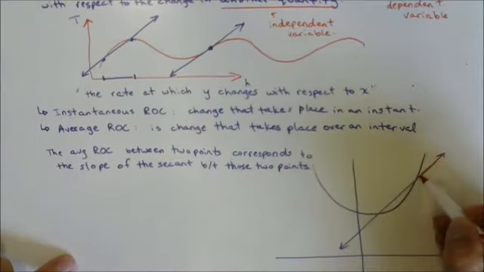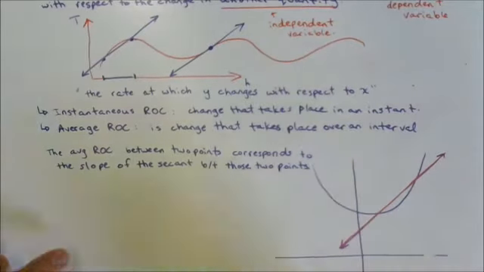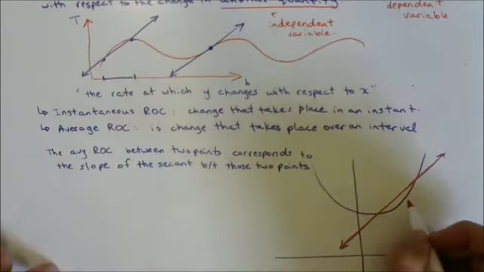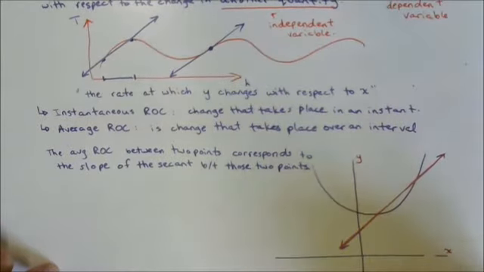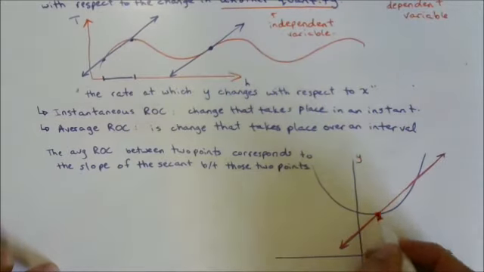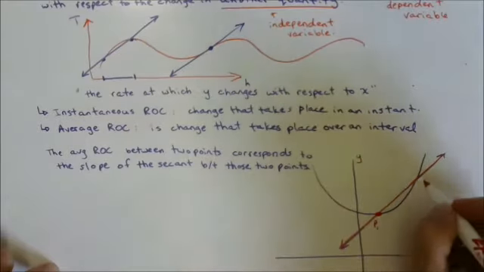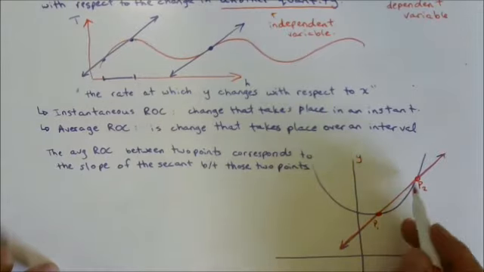Okay, the average rate of change of y with respect to x between the points P1 and P2 is determined by the slope of that line.